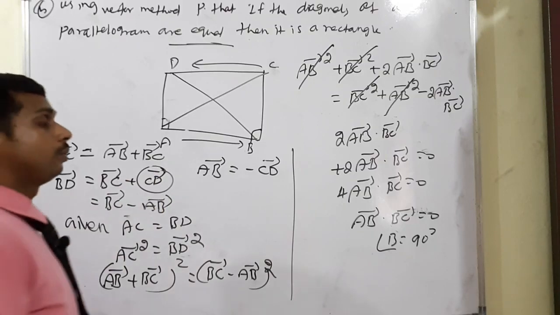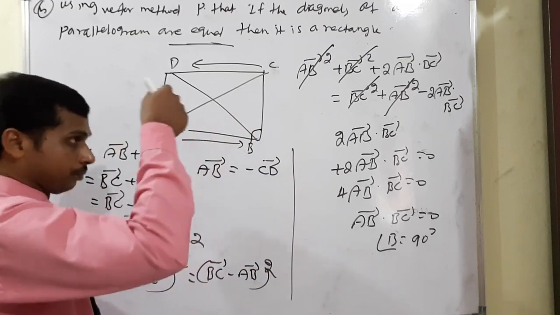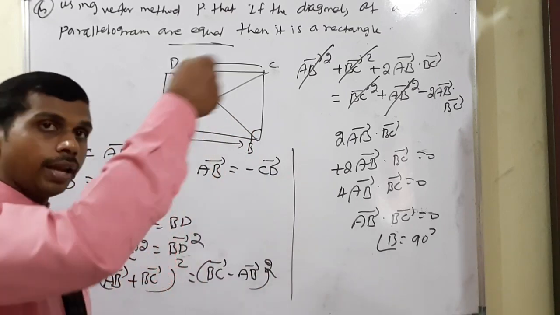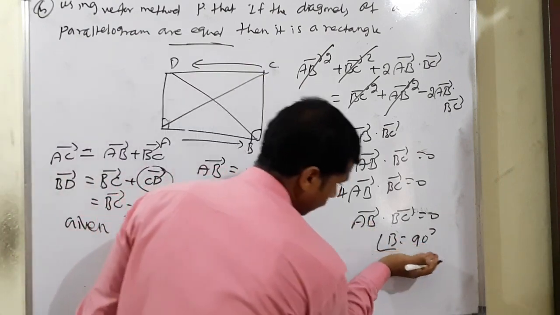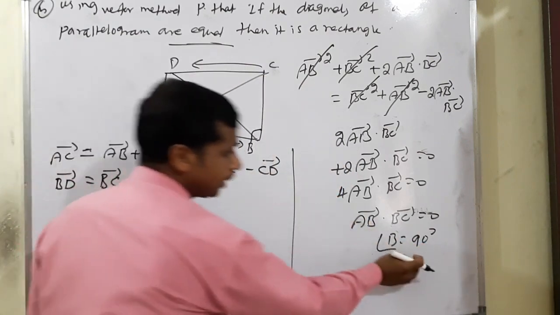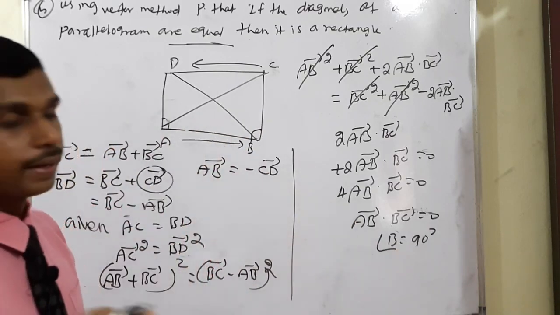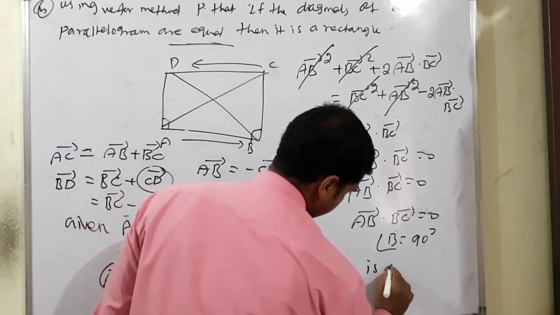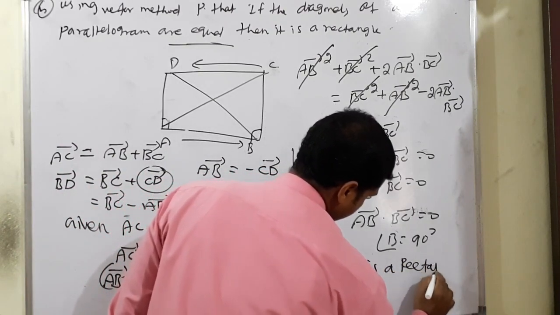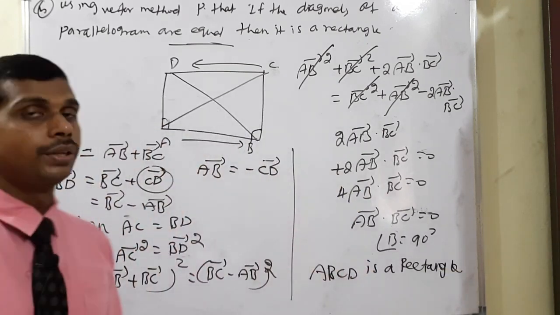Already I told you the difference between parallelogram and rectangle. In a parallelogram the angle is actually greater than 90 degree or less than 90 degree. But here we have the proper step, we have the 90 degree solution. So 90 degree means definitely we can be sure ABCD is a rectangle. Okay, hence proved. Okay, I will continue the next question.